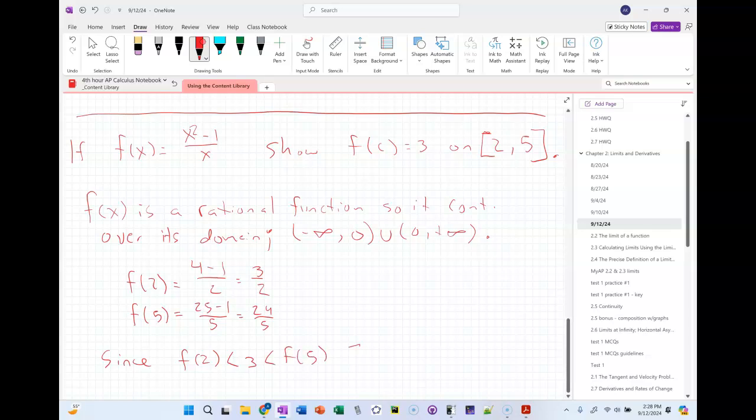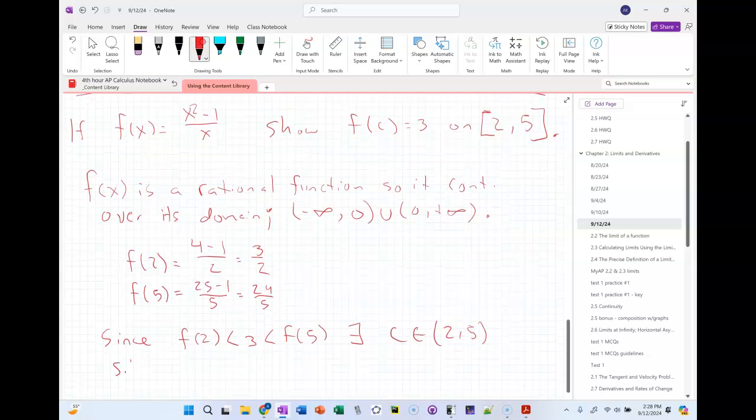So I can say, since f of 2 is less than 3, which is less than f of 5, there exists a c on the open interval from 2 to 5 such that, well, I should say the IVT states f of c is equal to 3. And we're done.